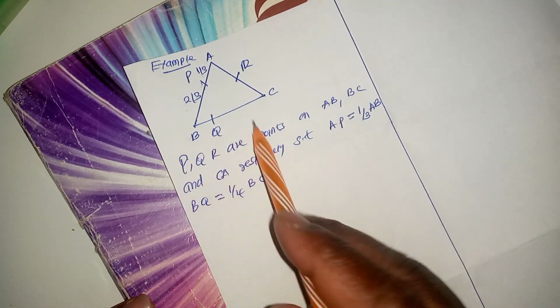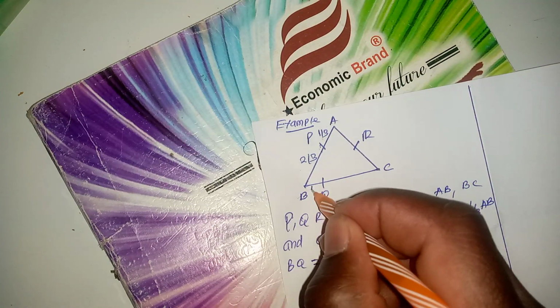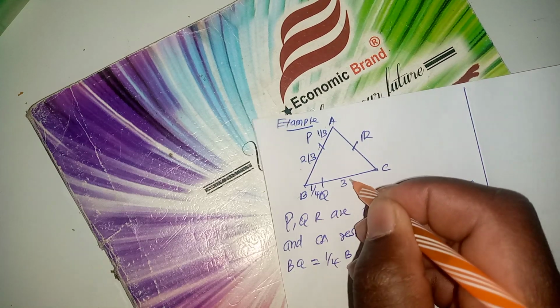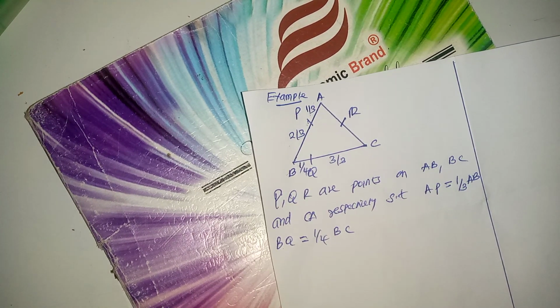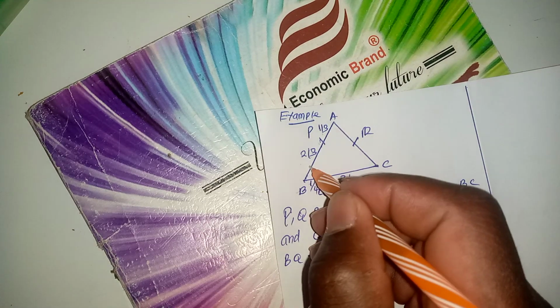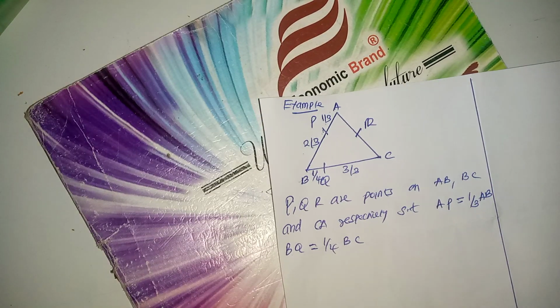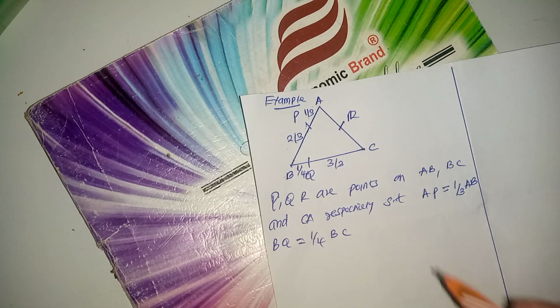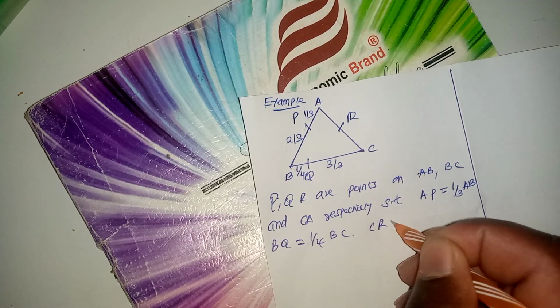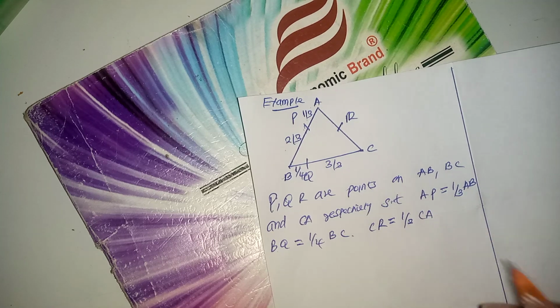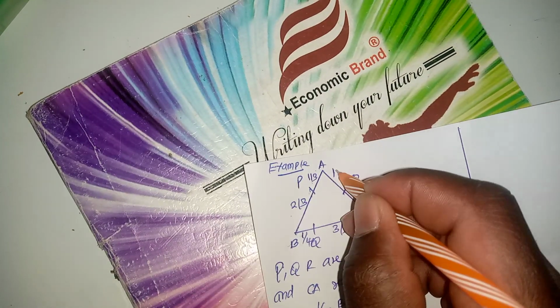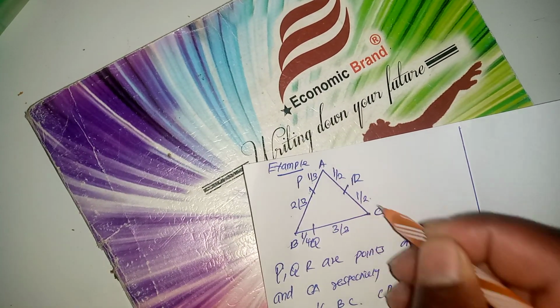Now BQ is 1/4, and this is 3/4 of BC. We are also given that CR is equal to a half of CA. Now this is a half, and this is a half.